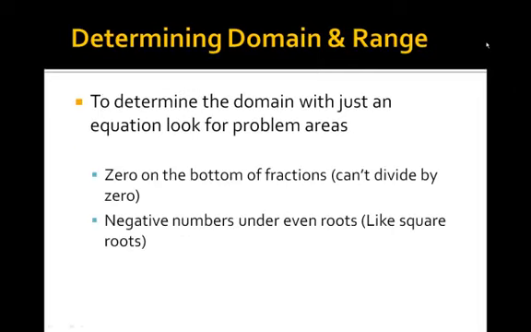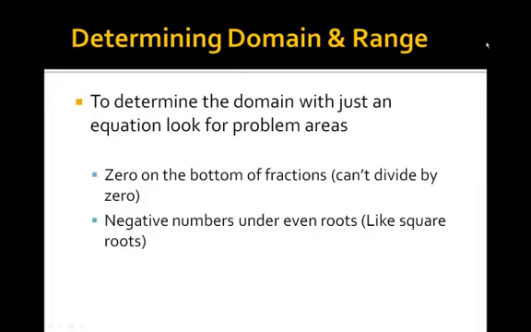Now, if all functions were represented using a set of ordered pairs or even a diagram, it would be an easy task trying to figure out what is in the domain and what's in the range. But remember that sometimes we can use equations to express these different functions. In order to determine the domain and range when it's expressed in that way, look for problem areas in the equation. For example, if there's a fraction in the equation, check the bottom to see if it ever becomes a 0.